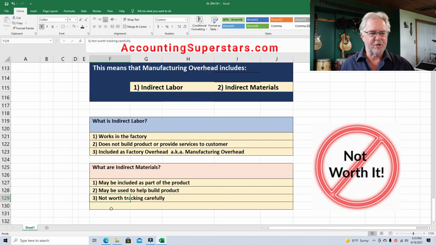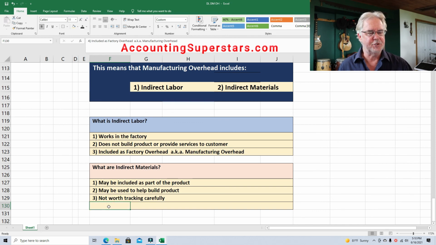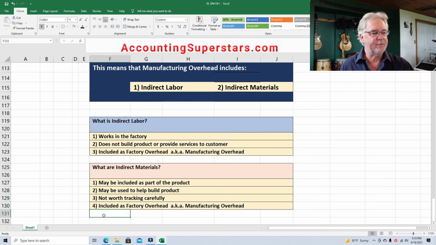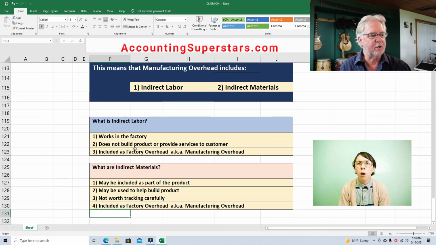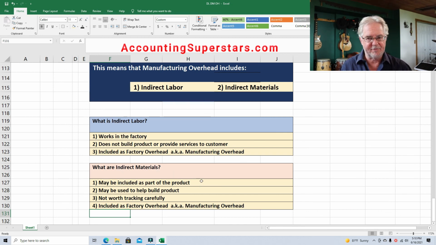So indirect materials aren't worth the time and effort to track real carefully. And number 4, just like indirect labor, it's included as factory overhead or manufacturing overhead. So in other words, say it all one more time, indirect labor and indirect materials are part of the overhead, the manufacturing overhead. So I hope this lesson helped you out.